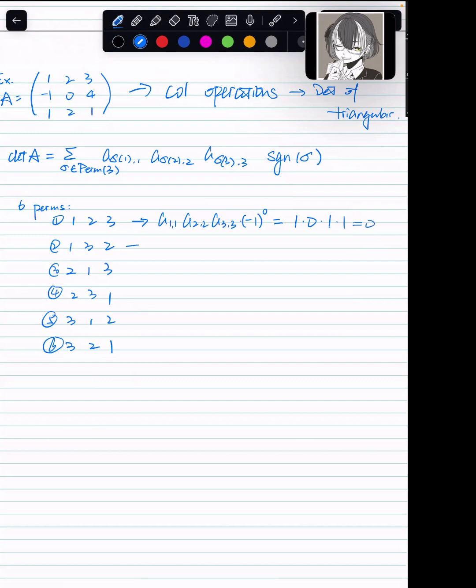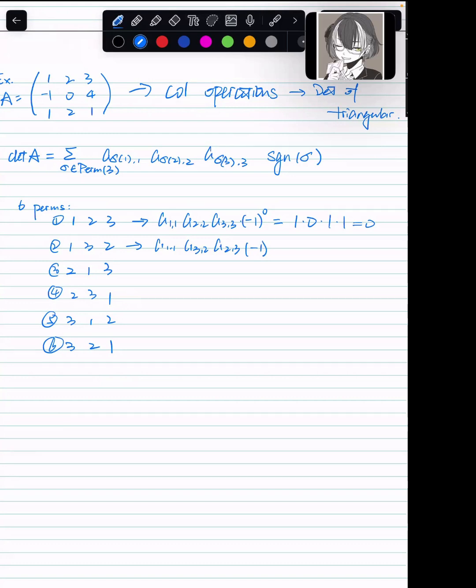Right. Similarly, for second, we have A11, A32, A23 multiplied by negative 1 raised to, now I have one case where 3 is greater than 2.